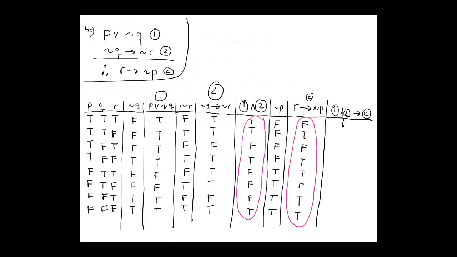This is false. This is true. The rest is true, everything is true. Okay, but when you analyze this column, we have only one false. When you have only one false, this is not a tautology, it's a fallacy. And therefore, the argument is invalid.